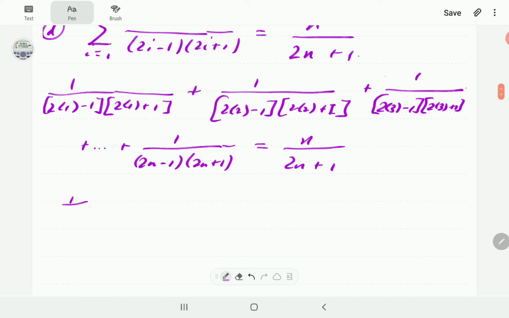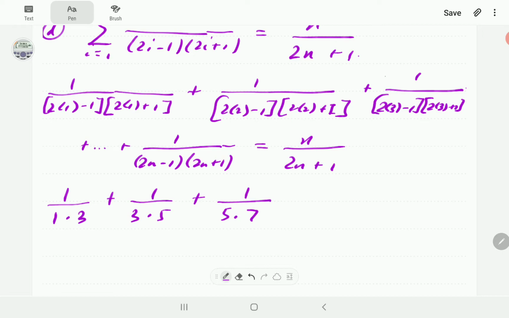So the first term, 2 times 1 minus 1 is 1, 2 times 1 plus 1 is 3, and then the second term, 2 times 2 minus 1 is 3, 2 times 2 plus 1 is 5, and 2 times 3 minus 1 is 5, and the other term is 7.